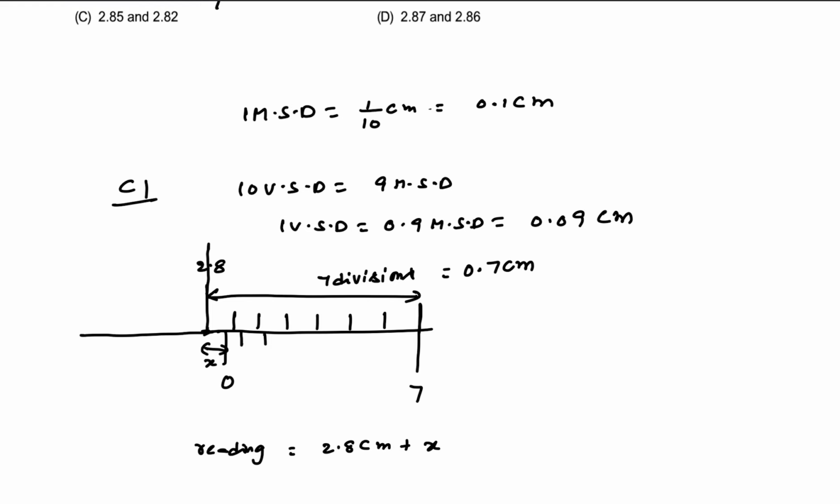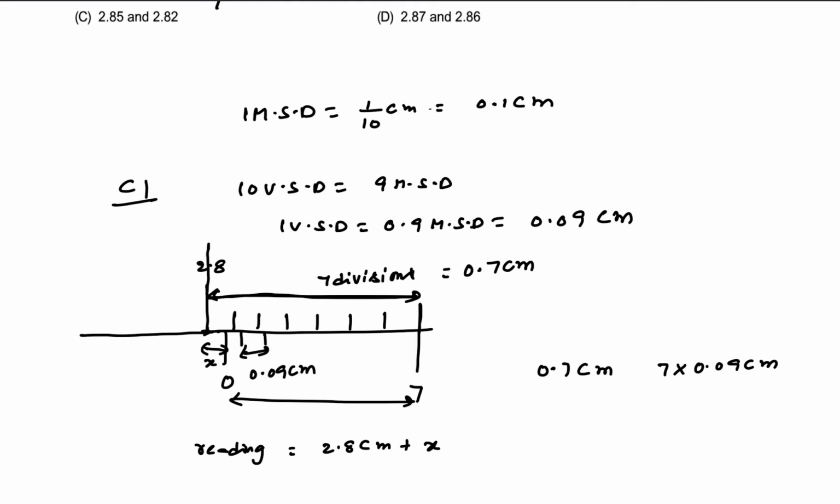What is the x value here? You can say that x is this 0.7 centimeters minus the 7 vernier scale divisions. Each division gap is 0.09 centimeter. For 7 divisions, how much value will be there? 7 into 0.09 centimeters.